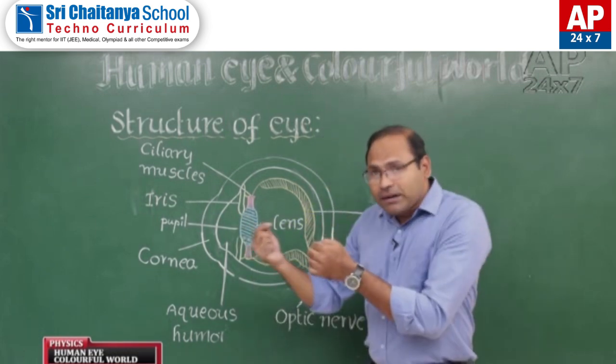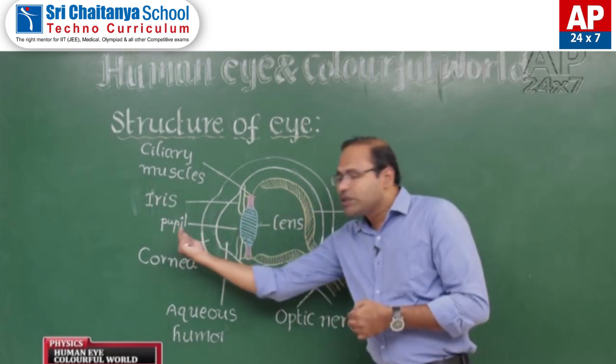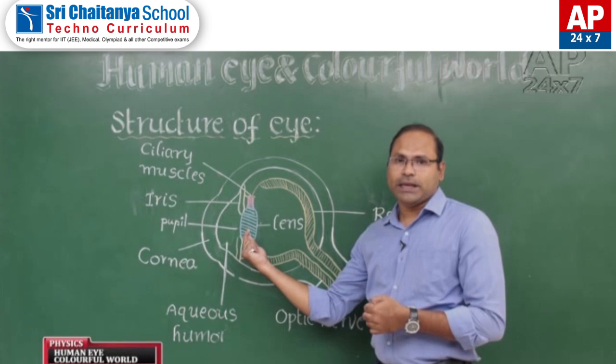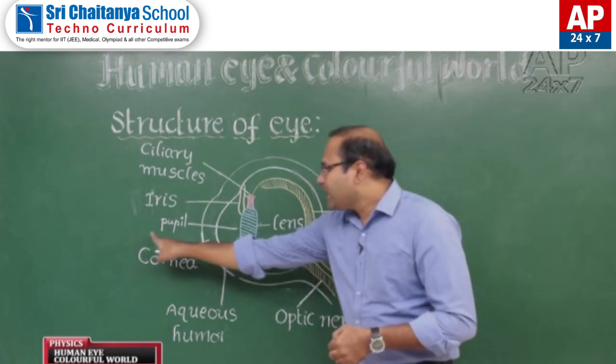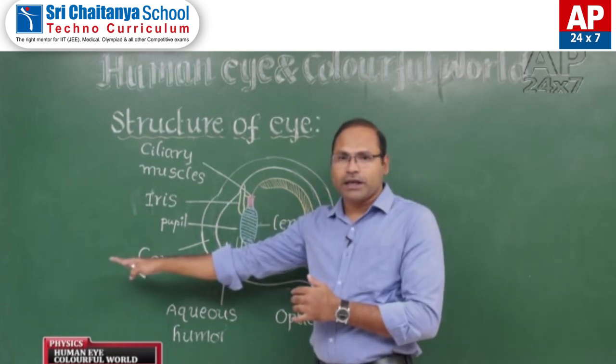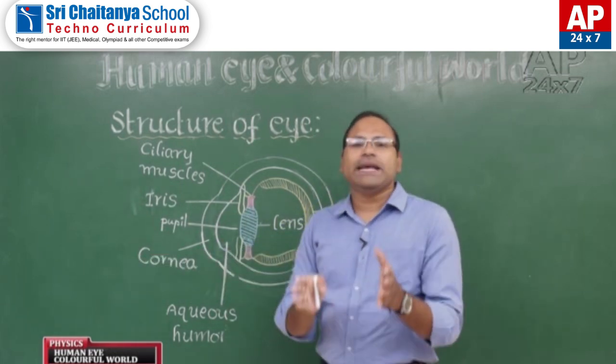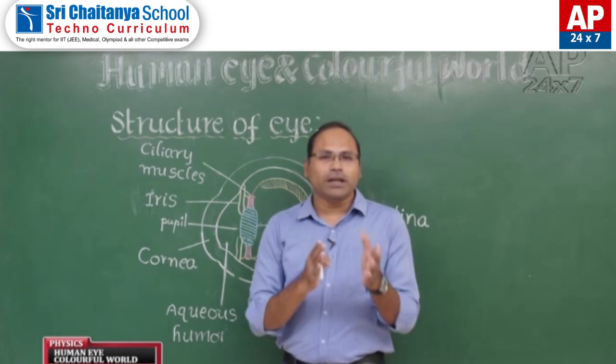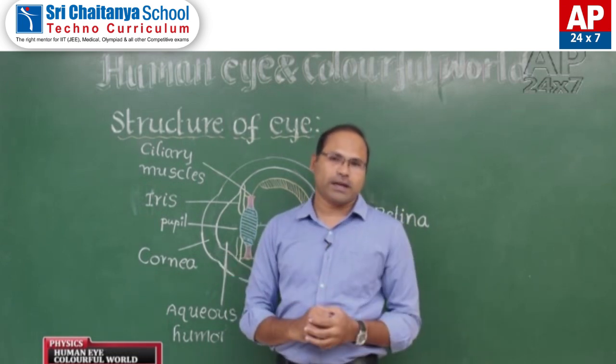And that light will enter the eye through this pupil only. The light entering through the pupil is not going to reflect back. That is why we won't see any color of the pupil. The colorlessness is called black.